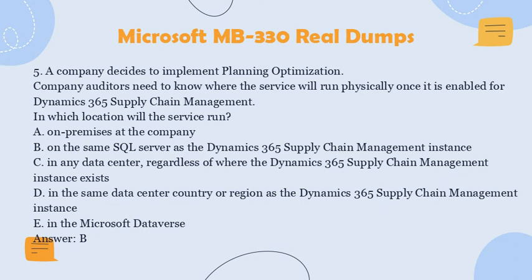B. On the same SQL server as the Dynamics 365 Supply Chain Management instance. C. In any data center, regardless of where the Dynamics 365 Supply Chain Management instance exists. D. In the same data center country or region as the Dynamics 365 Supply Chain Management instance. E. In the Microsoft Dataverse. Answer: B.